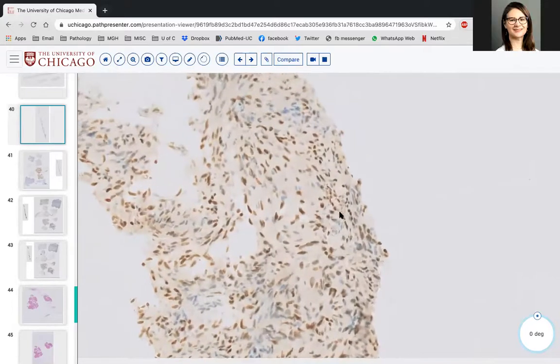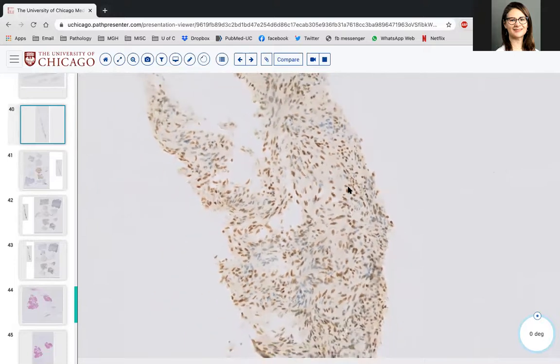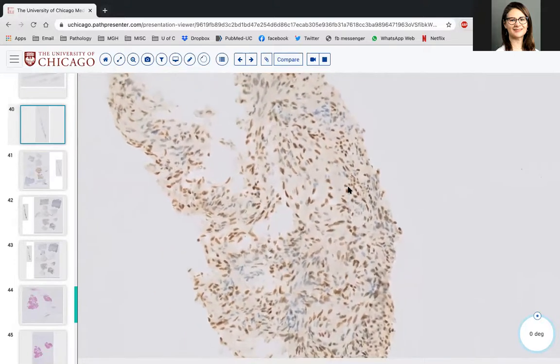So neural crest markers, S100, SOX10, especially for spindle cell neoplasms, when you think about a melanocytic, you want to think about a Schwannian. Arguably, did we see prominent nuclei? Did we see mitoses that might make you think of a melanoma? Or did we see bland nuclei with not many mitoses that might make you think of something more low grade? Something more low grade, fair enough.